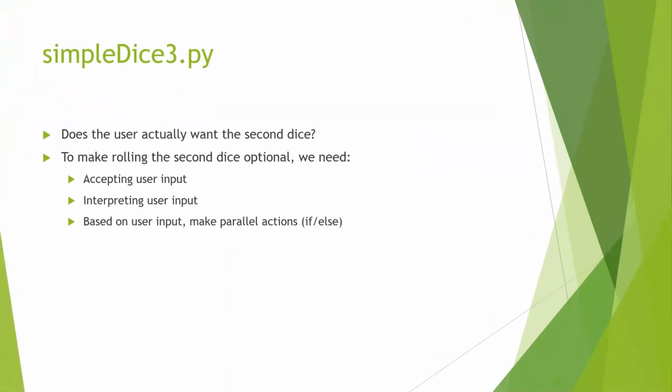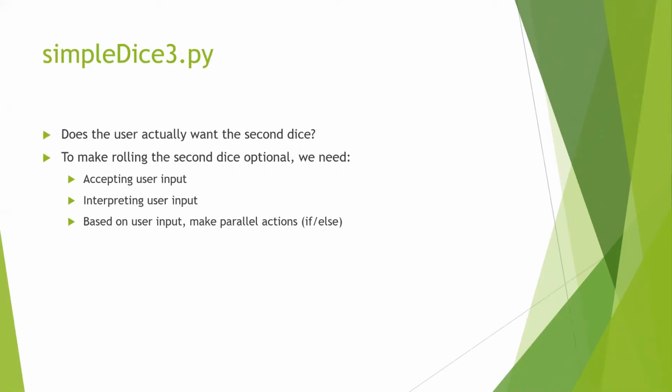All right, so now what we want to do for now. You've seen from the original program that Python actually asks you whether you want to roll the second dice or not. So to make rolling the second dice optional, because the user may not want the second dice to be rolled, the user might think, oh, I just need the first dice.